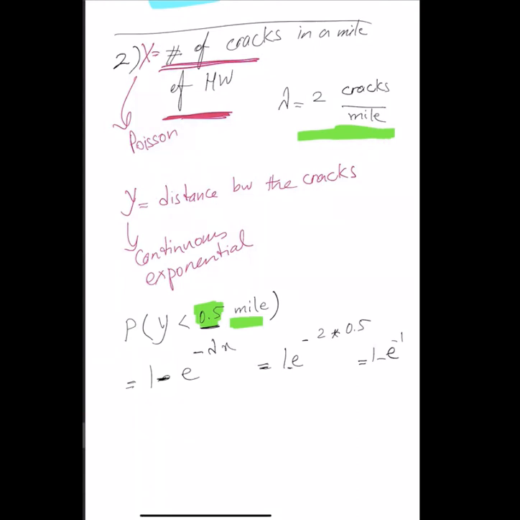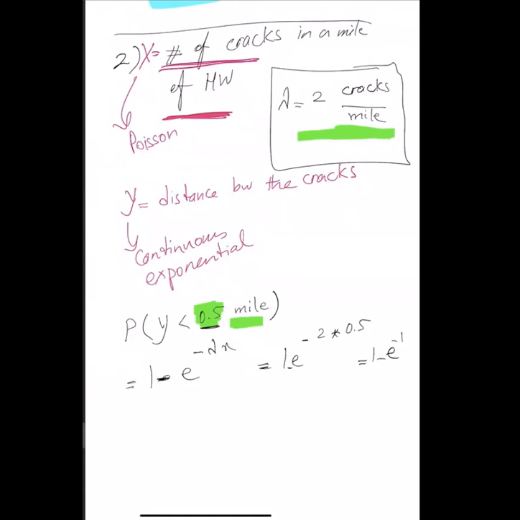So for every Poisson random variable that counts number of things and is discrete, there is a corresponding exponential which counts the time between those things or the distance between those things. And both of them need lambda to be able to answer any question, no matter if it's exponential or Poisson.